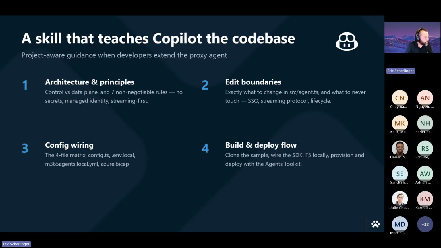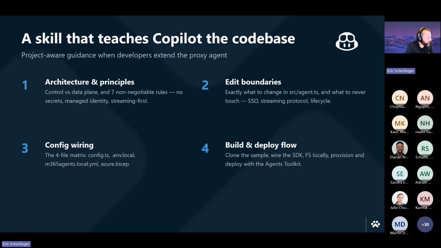It also gives you the principles and will warn you if you're going to a place that's against what we built. It's not going to block you, but remind you that we built it with security in mind, and putting a static API key is kind of going backward.